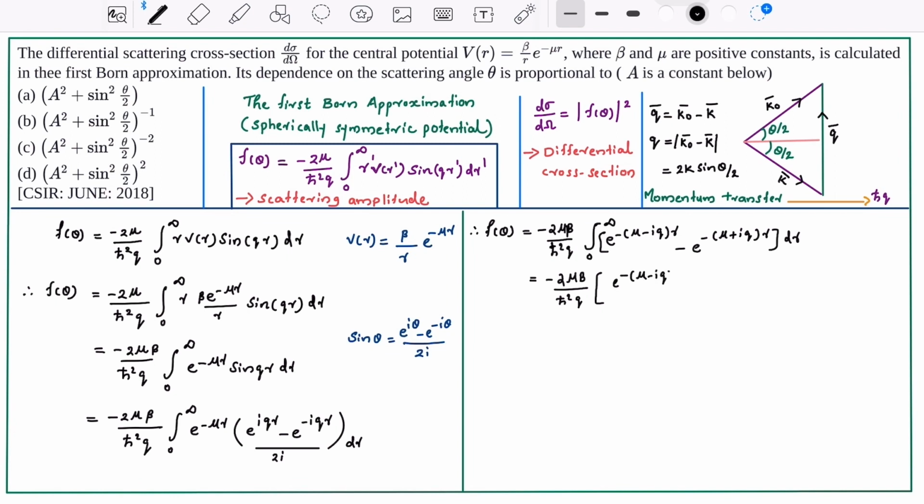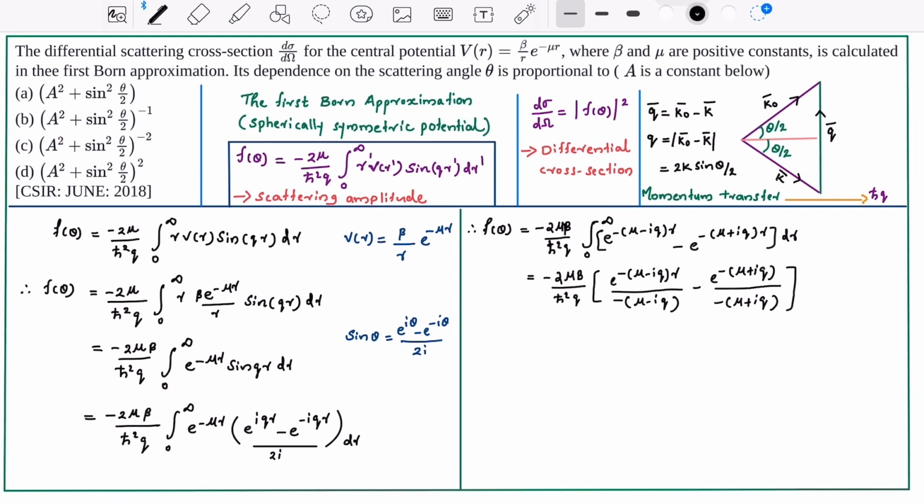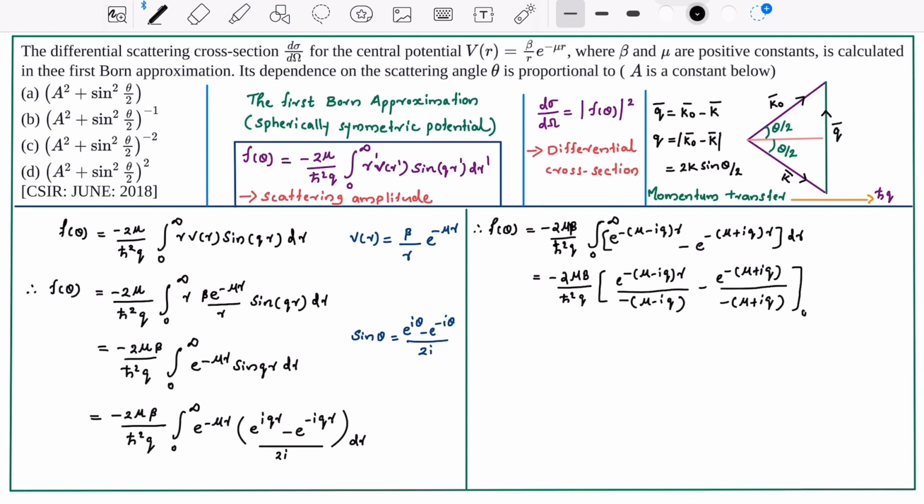Now after integrating, you will get the result as e raised to minus μ minus iq r divided by minus μ minus iq, minus e raised to minus μ plus iq r divided by minus of μ plus iq. Now the limit is from 0 to infinity.